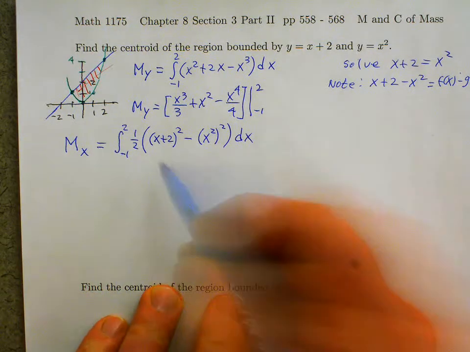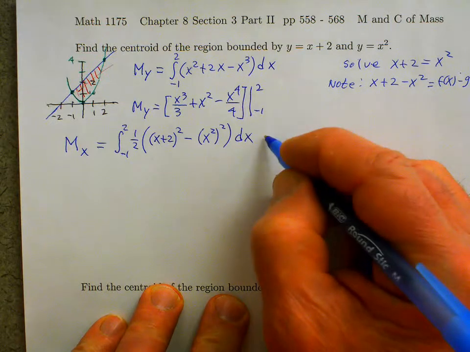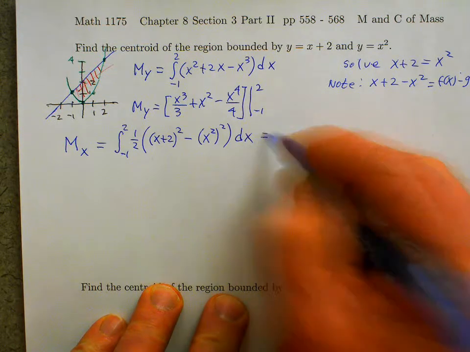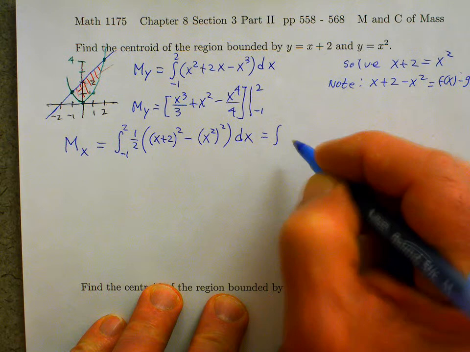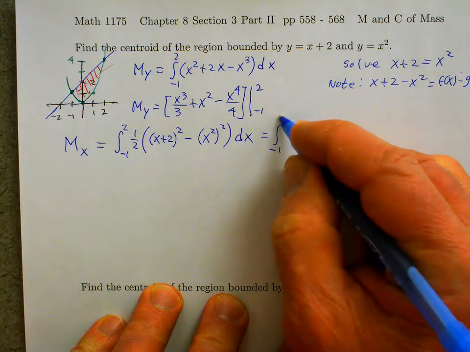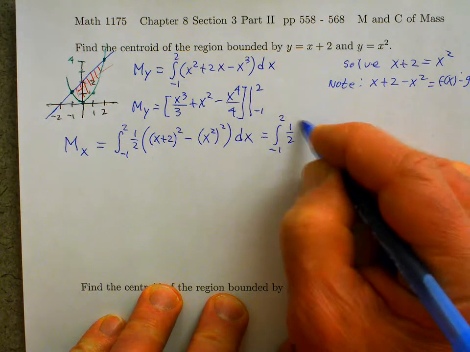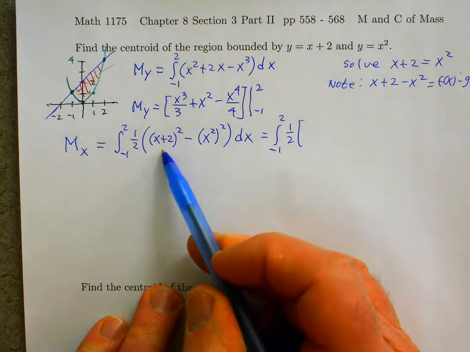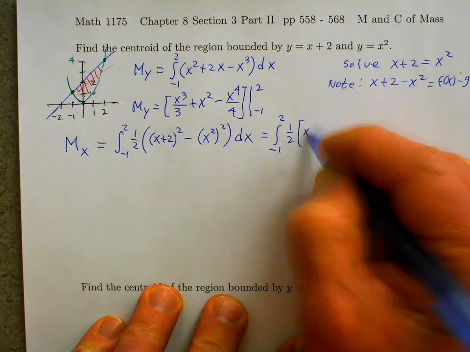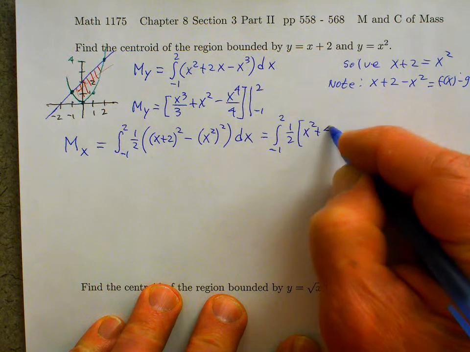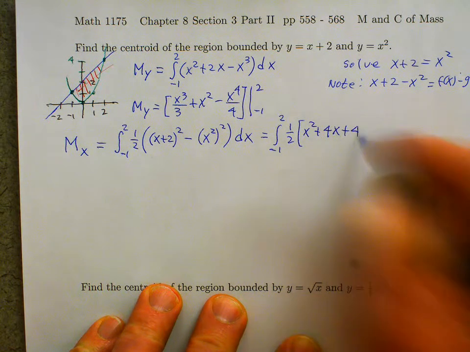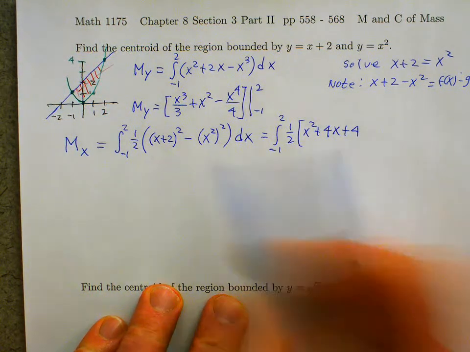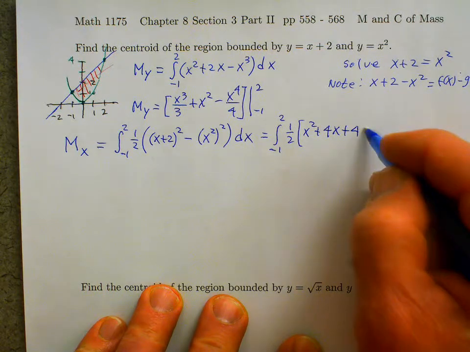If you get it set up correctly, then it's not too bad after that. So 1/2 times this quantity. When we square x plus 2, we get x squared plus 4x plus 4. Then we subtract x squared squared, which is minus x to the fourth.